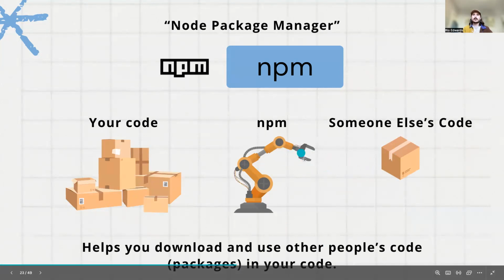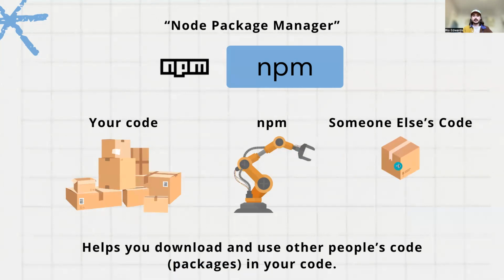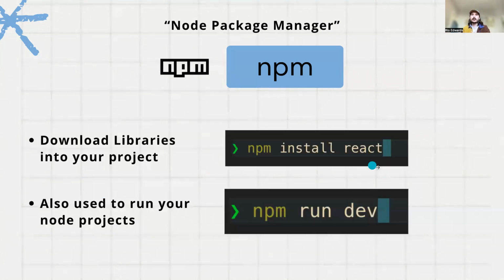So that's the best way I can describe it: it's giving you the ability to use other people's code, and it helps you download other people's code. It helps you make sure that the versions are all correct, because all code packages are generally versioned, which means you have 1.1, 1.2, 1.3.